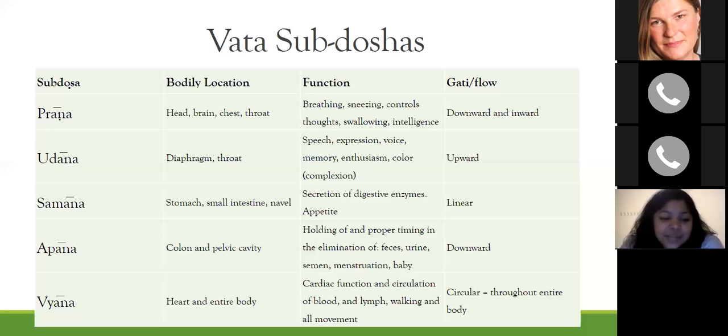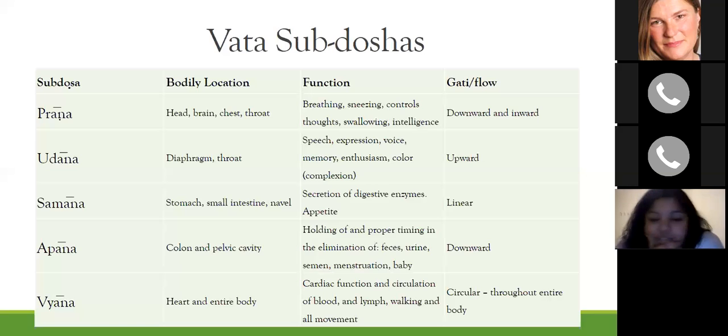The last type of vata or subdosha vata is Vyanavata, and that is located in the heart or the entire body, because it circulates all throughout the whole body. So its main function is cardiac function and circulation of blood and lymph, and it is also responsible for movement such as walking and all other movements, because that requires movement of the whole body.